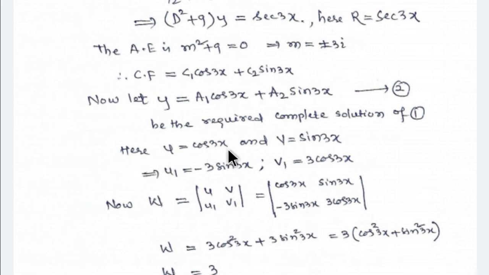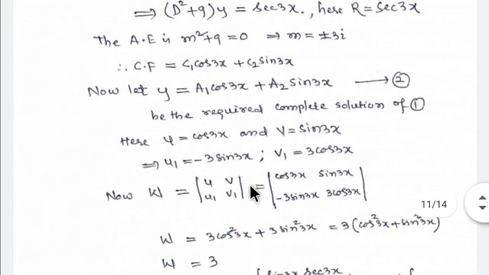Here u equals cos 3x and v equals sin 3x. Differentiating, u1 is minus 3 sin 3x and v1 is 3 cos 3x. Now W equals the second order determinant with u, v in the first row and u1, v1 in the second row.